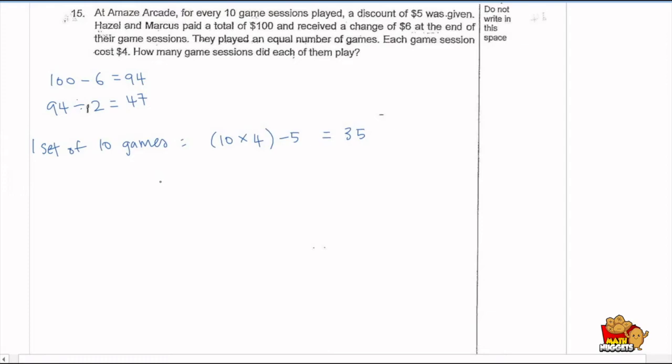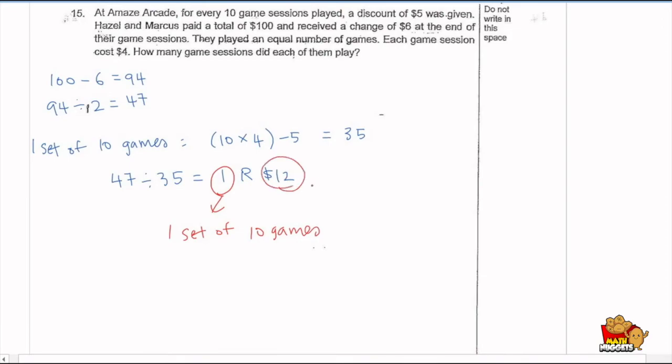And if each of them paid 47, this will give me one remainder of $12. So this one tells me is one set of 10 games.